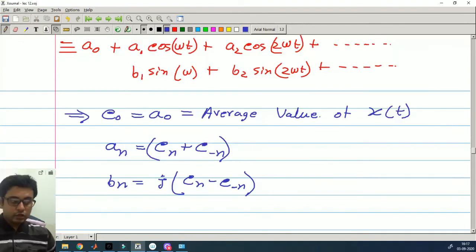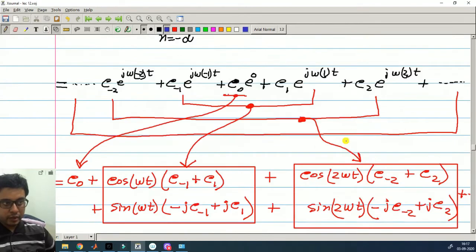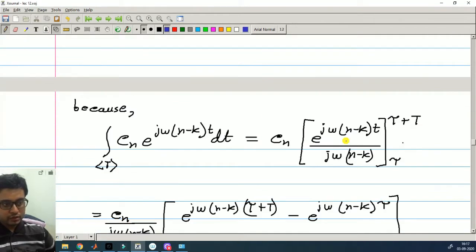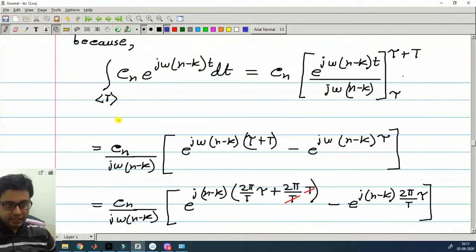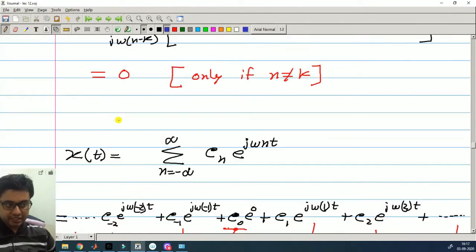Complex Fourier series is actually simple, because you have to remember only one formula to get the complex Fourier coefficients, and then you can express any signal as a sum of complex exponential signals like this.